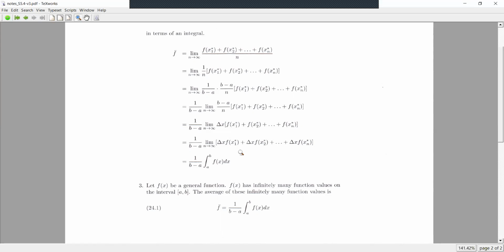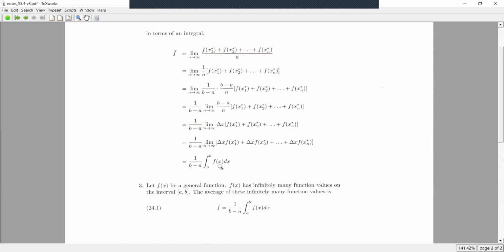But anyway, the limit of the sum of areas of rectangles is an integral by definition. So this limit is the integral from a to b of the function f. So therefore, we have the average elevation of the mountain is 1 over b minus a times the integral from a to b of the elevation function f.